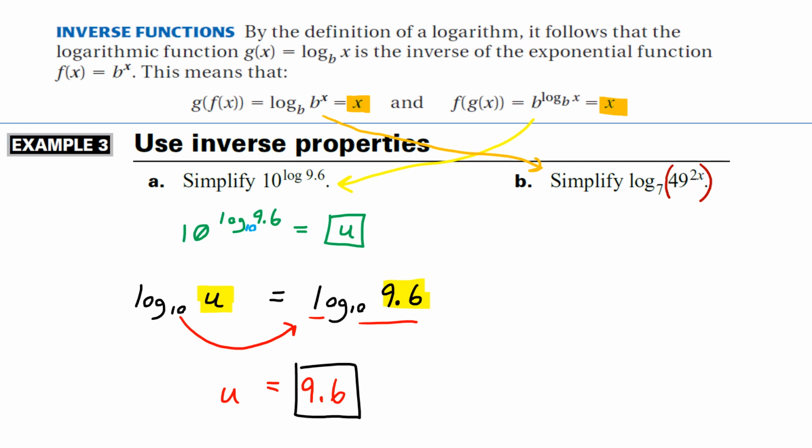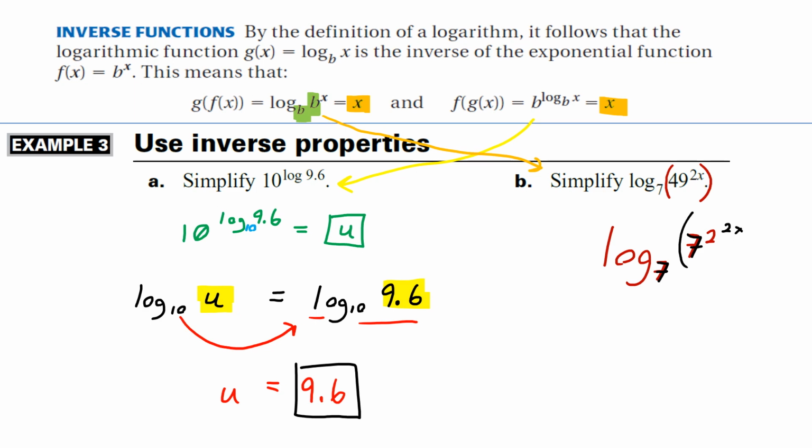And I can change the 49, because in order to use that property, notice that you need to have the same base here, hold on, in both locations, as you see there in green. So when I rewrite this, I have log base 7 of 7 squared, because I want these numbers to be the same, and then that's raised to the 2x power.